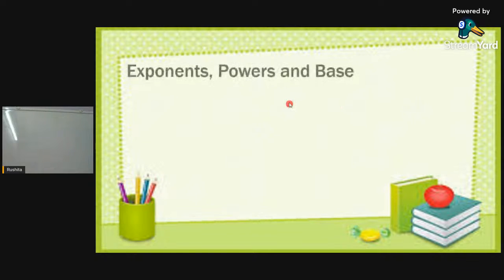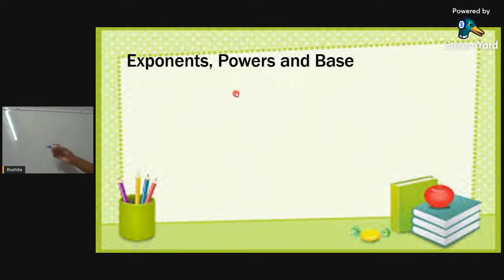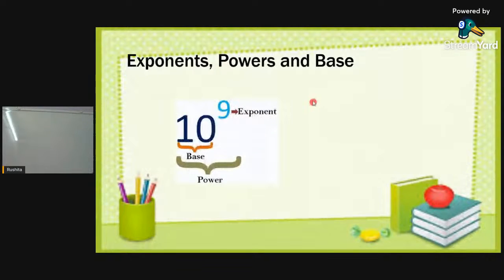Okay, so before we start with the laws of exponents, first we will learn what are exponents, powers and base. So you can see the picture. 10, it's written 10 to the power of 9.